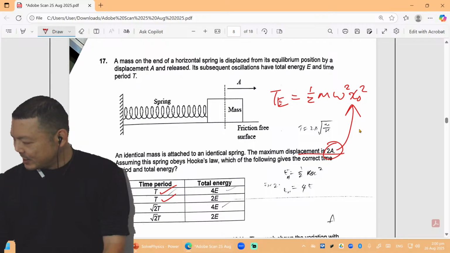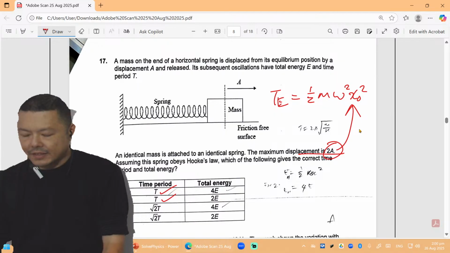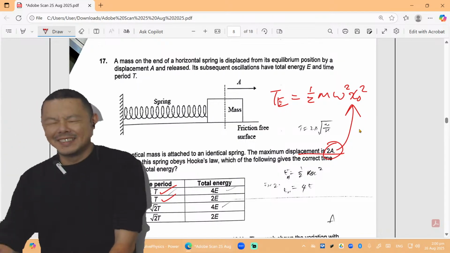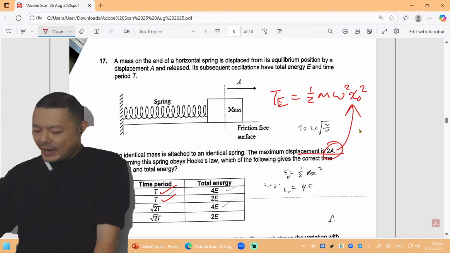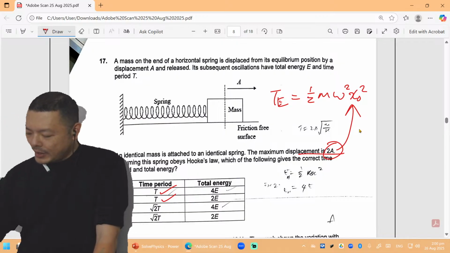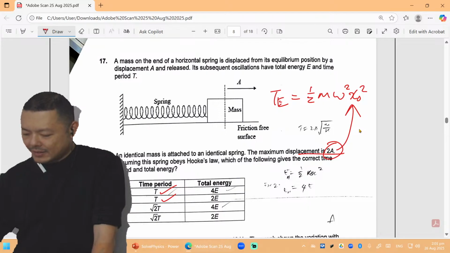No, wait. Yes, sorry. I thought they doubled the mass. Why didn't they double the mass?